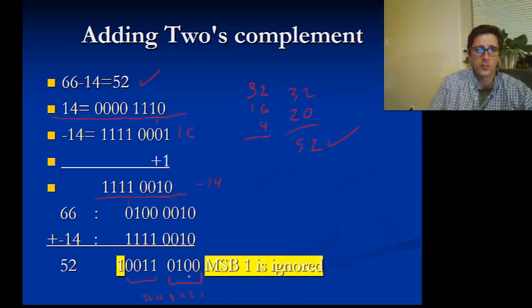And we have confirmed right there that our binary number is equivalent to our decimal number, with 2's complement addition.